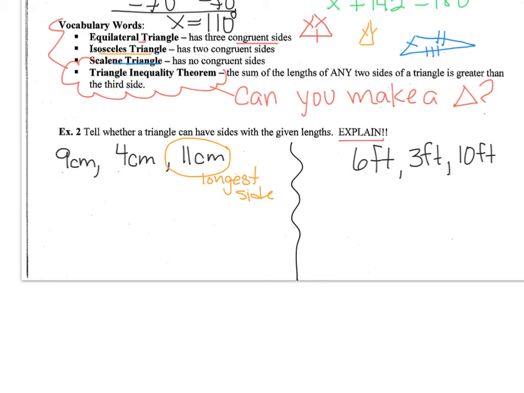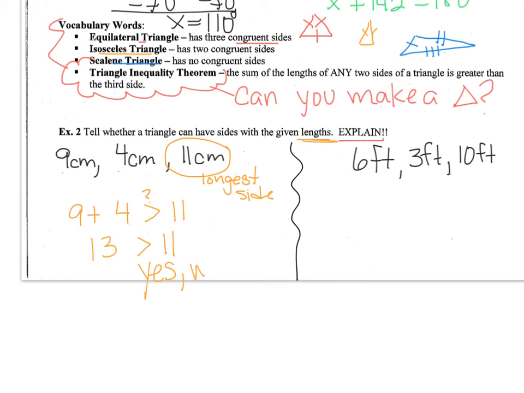So for these three lengths to form a triangle, 9 plus 4 has to be greater than 11. So is that true? Well, 9 plus 4 is in fact 13, so it is greater than 11, so that is a yes.